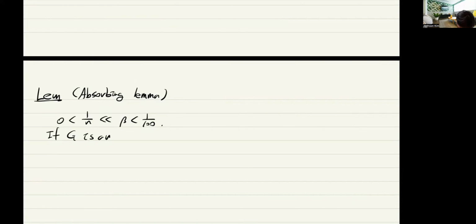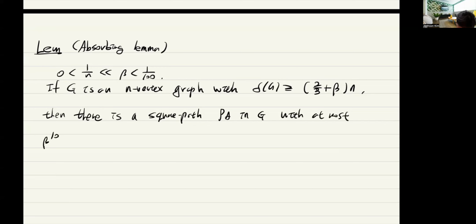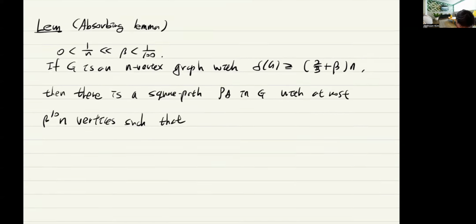If G is an n-vertex graph with minimum degree at least (2/3 + beta)n, then you can find a square path P_A in G with at most beta^10 n vertices, such that it is an absorber.